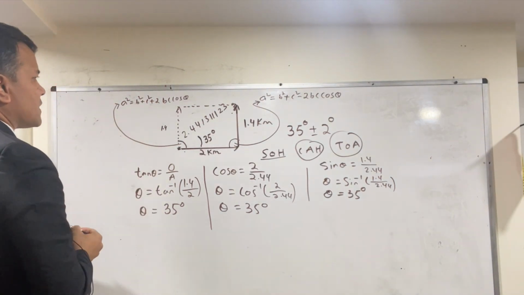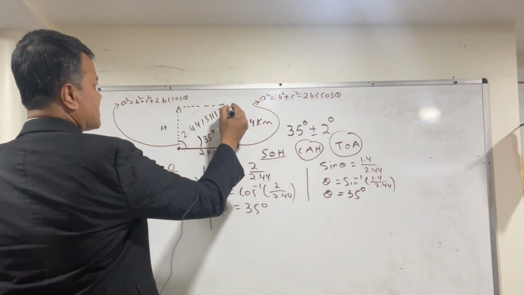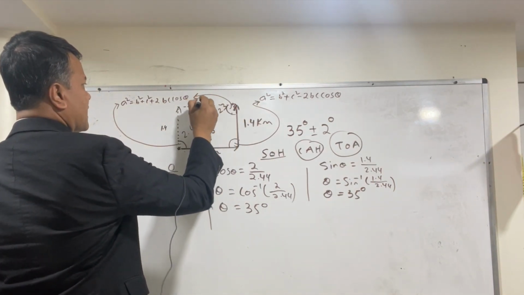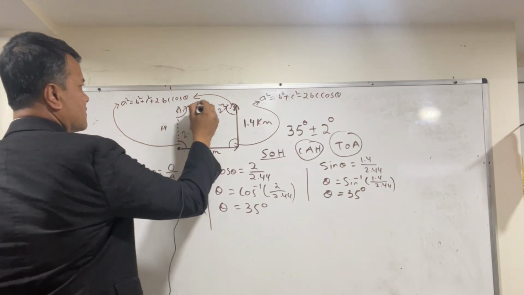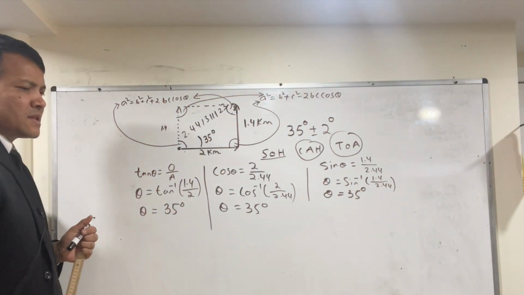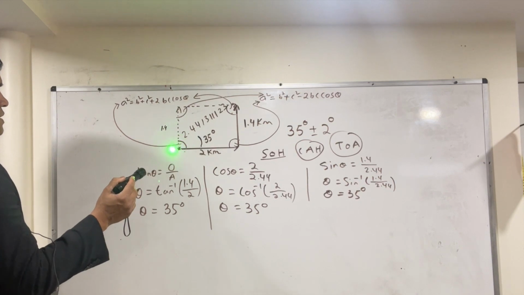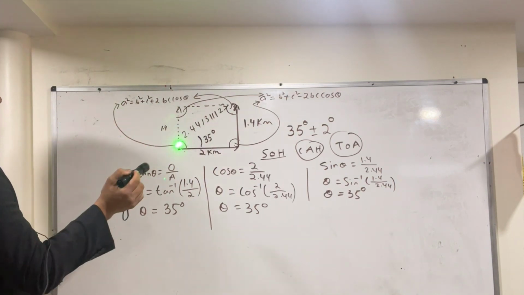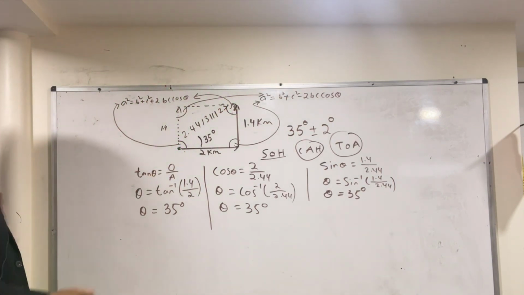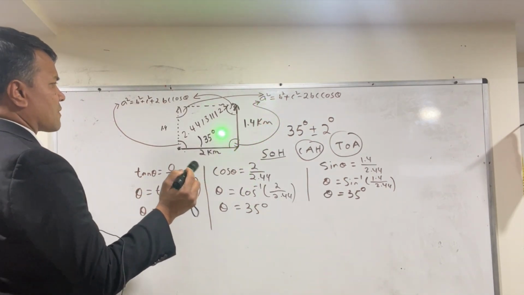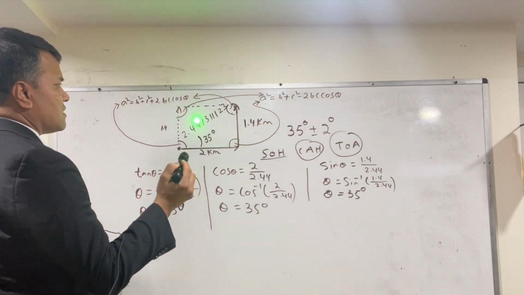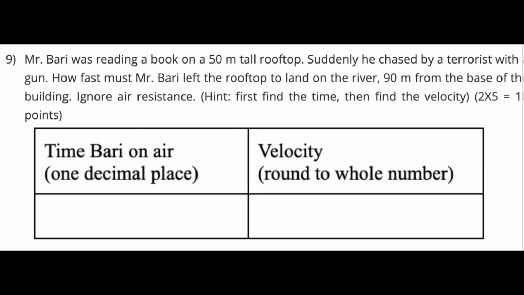Also, you can use head and head for the law of parallelogram. With the law of parallelogram, you use either tail and tail or head and head. When you use the law of cosine, you use either this one, which is head and tail, or this one.